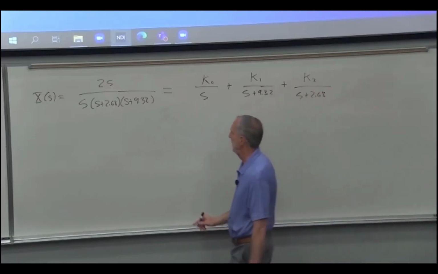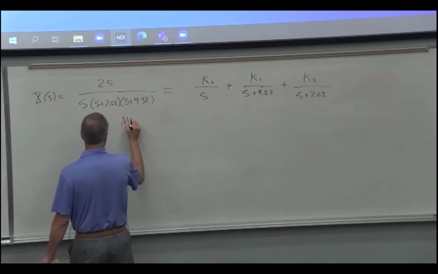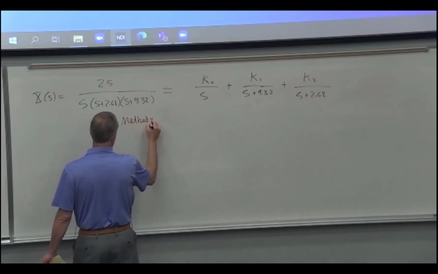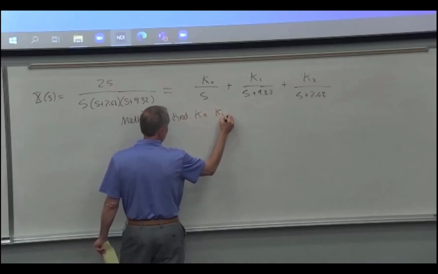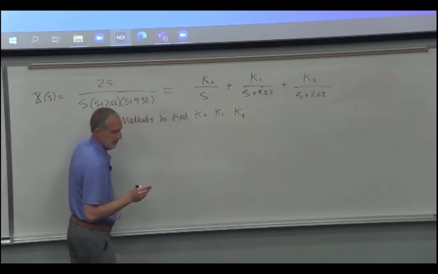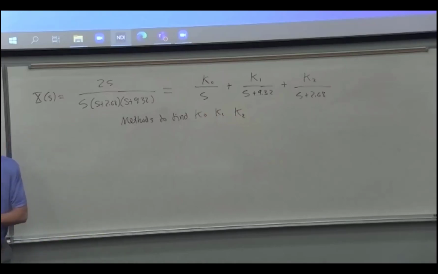And there's a bunch of different methods. So you guys have done this before. How did you learn to do this in differential equations? Or do you remember? I know it's been a while. In Calc 2? Yeah, it's exactly that.